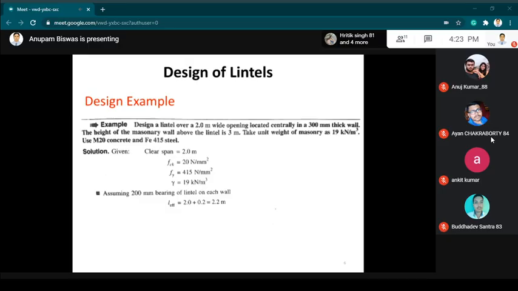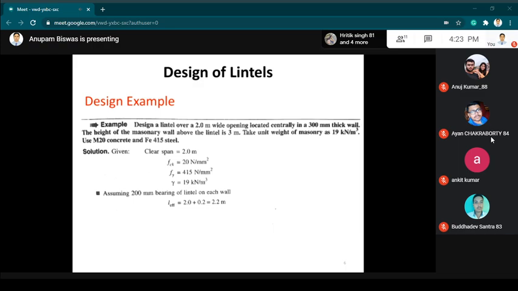Okay, so to proceed, we first have to find out the effective length. Because only the opening space is given, and fck is given, fy is given, gamma is given. So let us first assume the bearing of the lintel, meaning the length up to which the lintel is resting upon the walls.